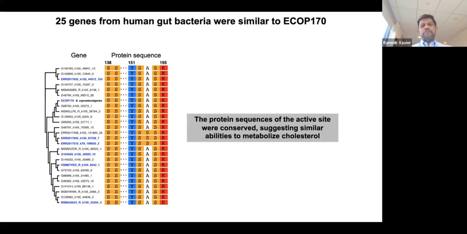And so by doing some clever biochemistry, he was able to identify the protein sequence that was required for its enzyme activity, and then go on to show that the presence of this enzyme activity could convert cholesterol to coprostanol, and the gut could function as a sink, removing cholesterol in the form of coprostanol.